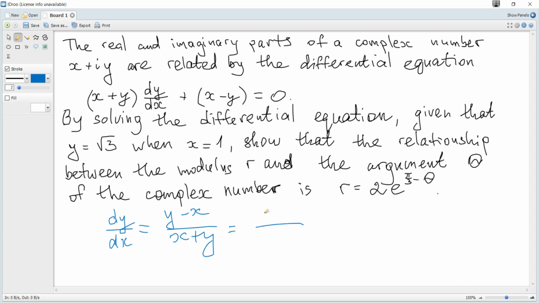What do I mean? If we divide by x, it becomes y over x minus 1 over 1 plus y over x, and it can be solved by the substitution y is vx.